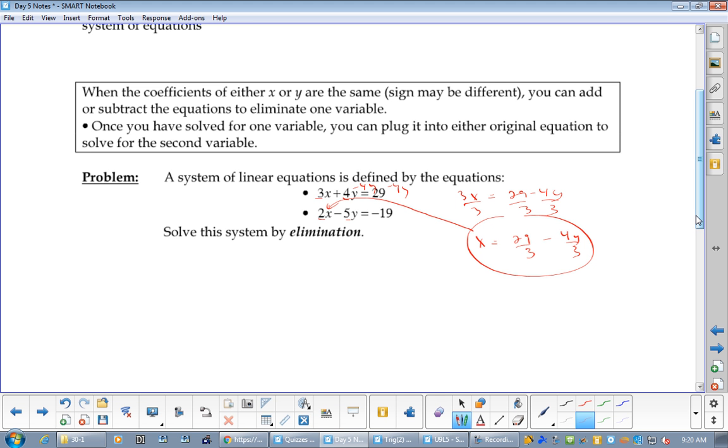So for this year, we're going to have a rule. If there's not an x or y equals, but it's a 5x, 2y, let's go to elimination, okay? Elimination doesn't get more difficult the bigger they get. Substitution gets more difficult the bigger they get, and the more coefficients there are.